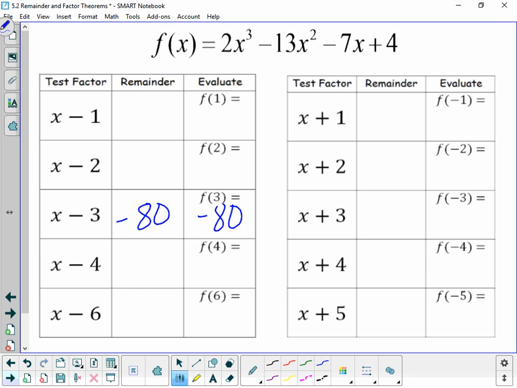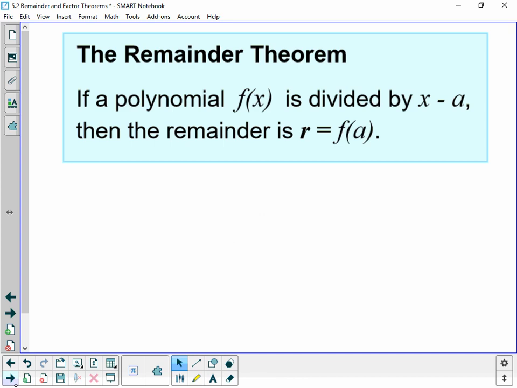If we substituted it into the equation, the answer we got would be the same as the remainder if we divided by that factor. And there's really nothing intuitive about that. It's not something you would just guess would happen. But it is true that it's always the same, and there's a theorem that tells us that that's true.